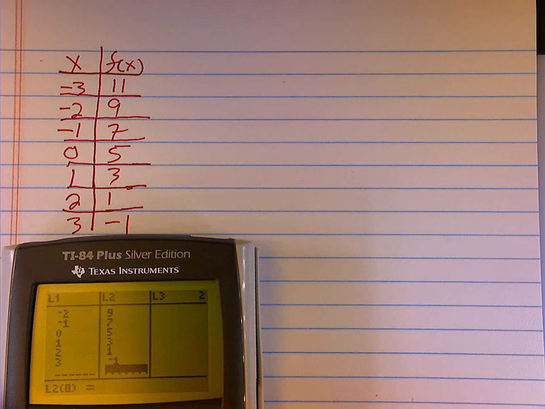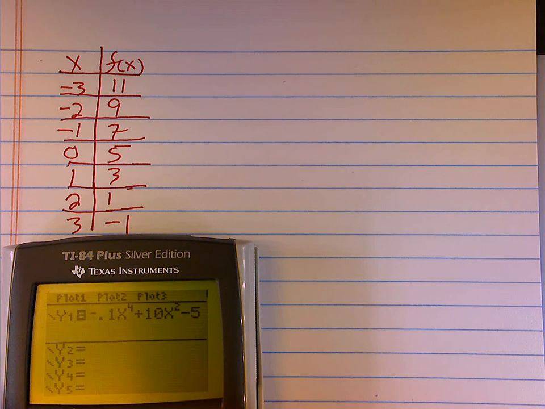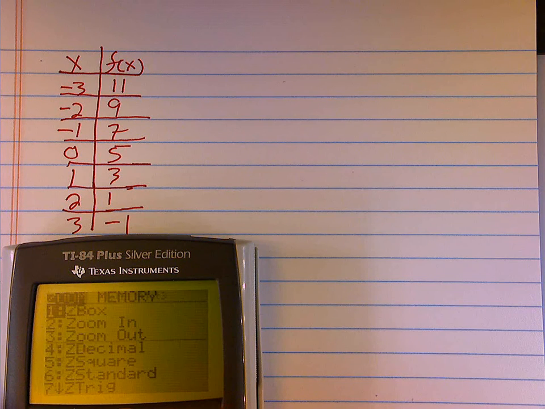Once I have my x and y values in the calculator, I'm going to push y equals, clear any equations I have so they don't have to look at them. Go in and turn my plot on, push my zoom button, and go down to zoom stat.